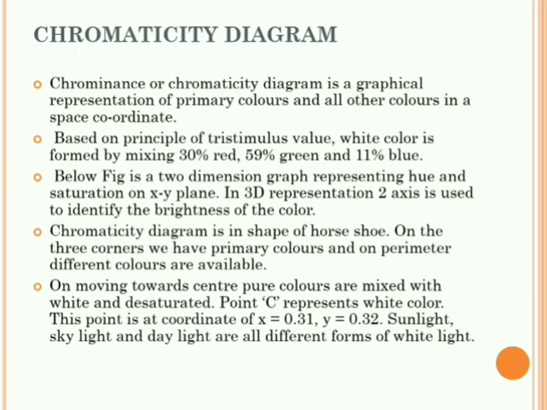Now let us see the next topic, that is the chromaticity diagram. What is actually the chromaticity diagram? The chrominance or chromaticity diagram is a graphical representation of primary colors and all other colors in a space of coordinates. We take x and y axes, and by using color coordinates we form a graph, that is nothing but the chromaticity diagram.